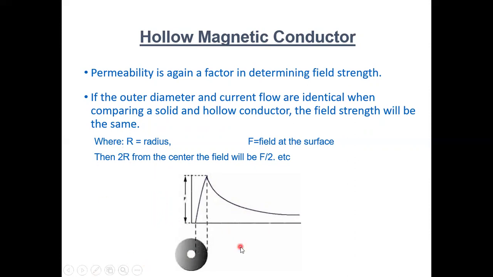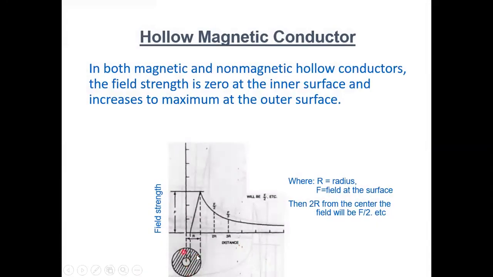Now we are going to see this diagram very carefully. Listen to me carefully: in both magnetic and non-magnetic hollow conductors, the field strength is zero at the inner surface and increases to a maximum at the outer surface. Means here we get the maximum field.